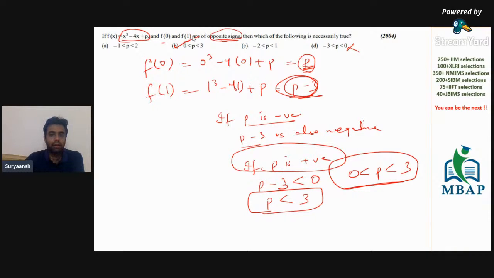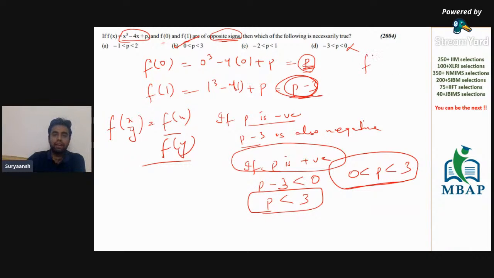Basically, you can be given a question like that. You can be given questions like f of x into f of y is basically f of xy.